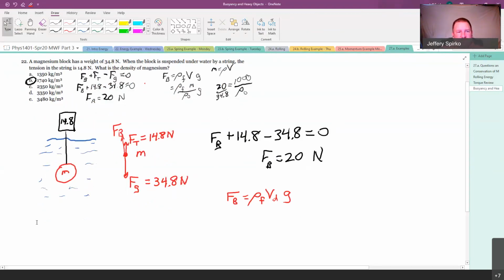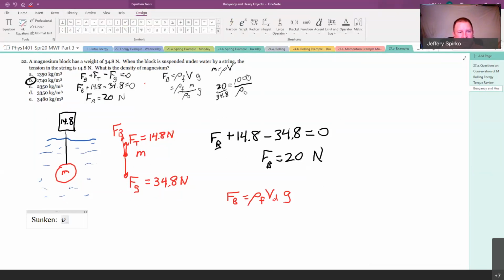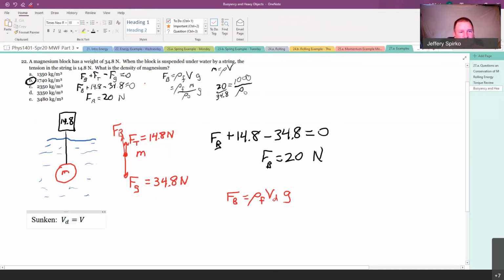So we have to think about the fact that this is a sunken object. So the volume displaced is equal to the volume of the object, because the entire object displaces water.